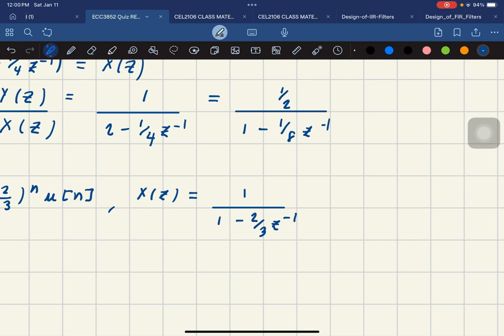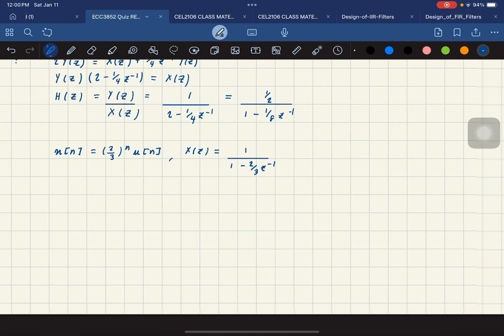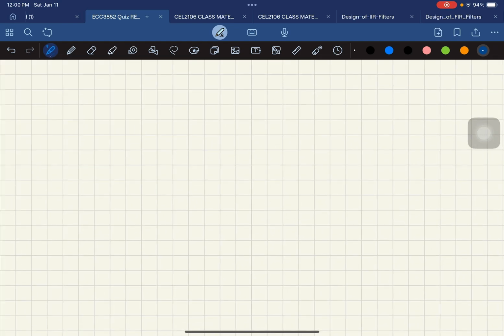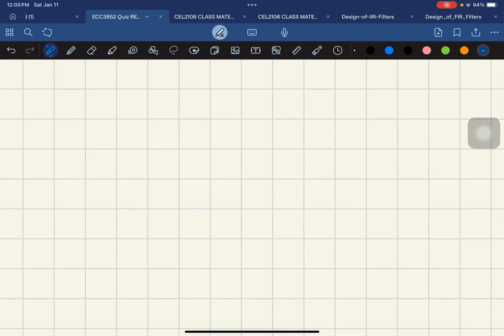So we have to find Y(z). Y(z) is equal to H(z) times X(z).